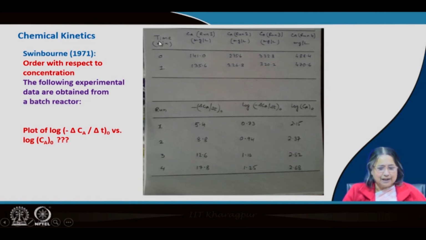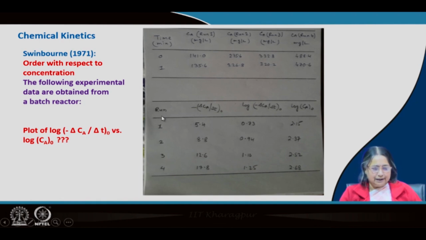Here is the time: 0 minute means initial concentration, then just after 1 minute the concentrations are measured, for run 1, run 2, run 3 and run 4.